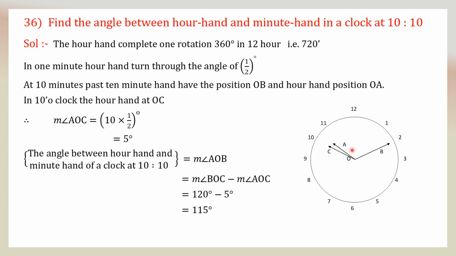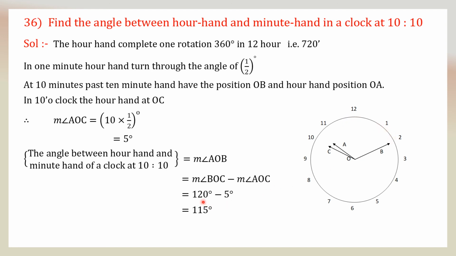We find the angle between the two hands, that is AOB. The angle between the hour hand and minute hand of a clock at 10 hours and 10 minutes equals the measure of angle AOB, which equals the measure of angle BOC minus the measure of angle AOC. Angle BOC is 30 plus 30 is 60, plus 30 is 90, plus 30 is 120.